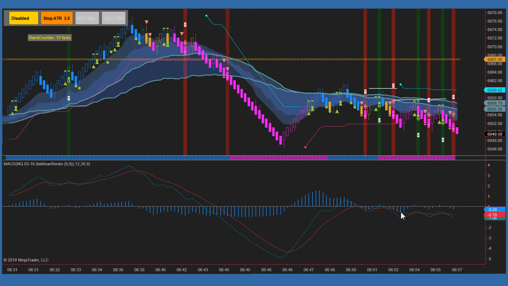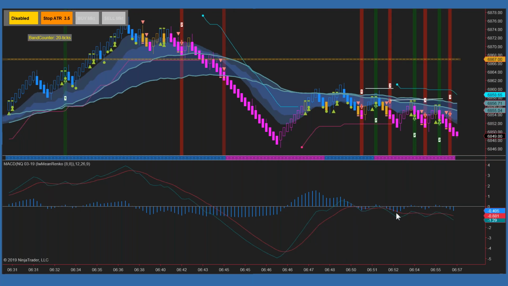Likewise, when we crest below here and MACD starts to back off, you can say, all right, I'll short, but only if price exceeds the low of that bar. And likewise, here we go again. We got that little hiccup in the MACD, and you can say, all right, I will buy that number 2 signal, but only if it gets above the high of that bar.